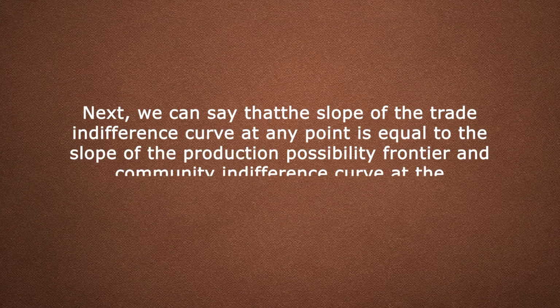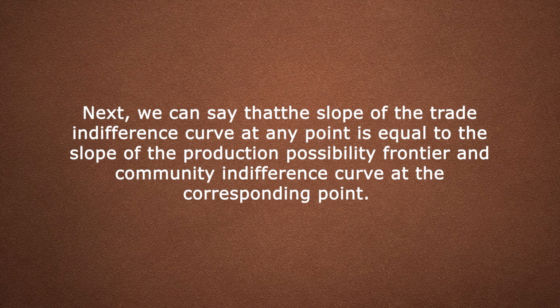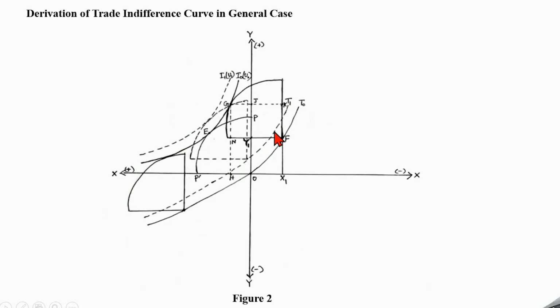Next, we can say that the slope of the trade indifference curve at any point is equal to the slope of the production possibility frontier and community indifference curve at the corresponding point. Looking at this diagram here, the slope of the trade indifference curve at point F is equal to the slope of the production possibility frontier and I0 community indifference curve at point G. Here at point G, the production possibility frontier and I0 community indifference curve are tangent to each other.